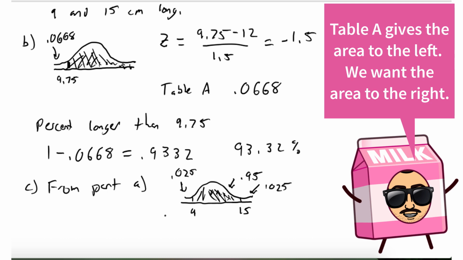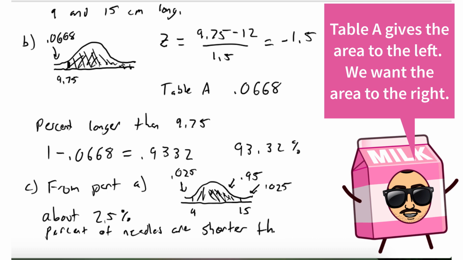So we could just read off immediately that about 2.5% of needles are shorter than 9 centimeters. If the number wasn't 2.5%, we would need table A.